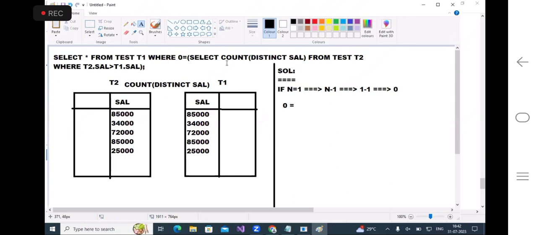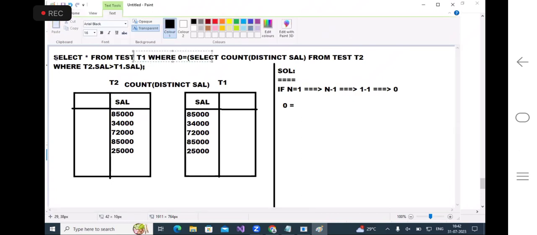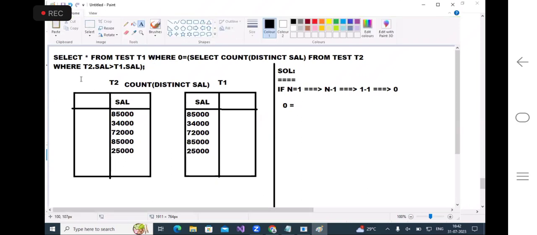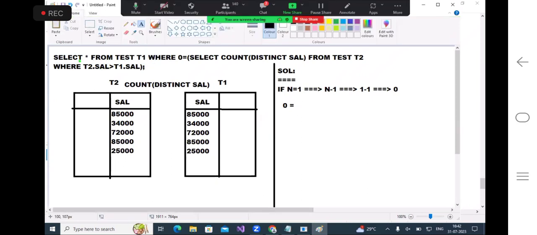In the T1 and T2 alias tables, T1 is the outer query. So select star from test T1 where 0 is equal; the outer query's where clause already has a value, which is 0. Now the inner query is executed. What is my condition there? T2.salary is greater than T1.salary.